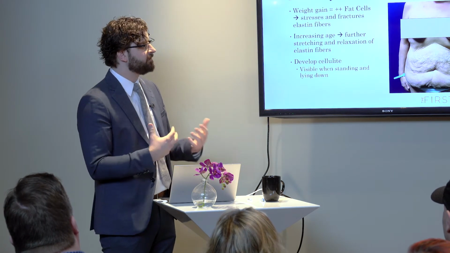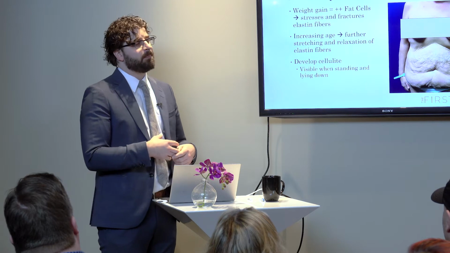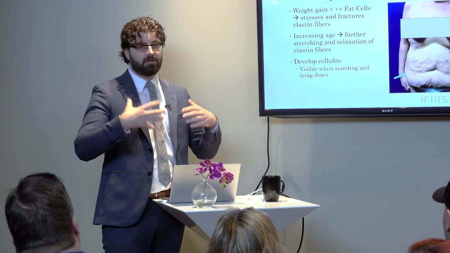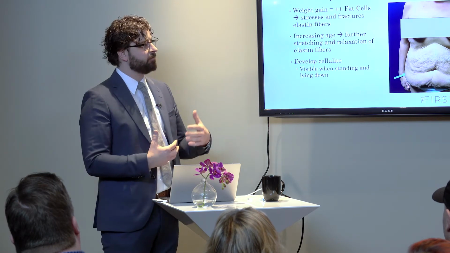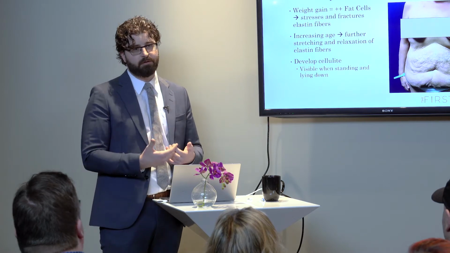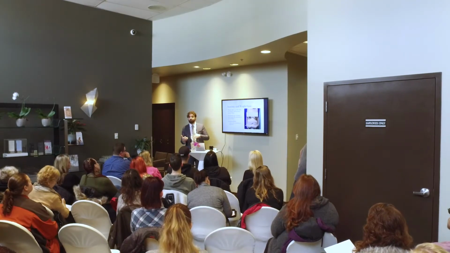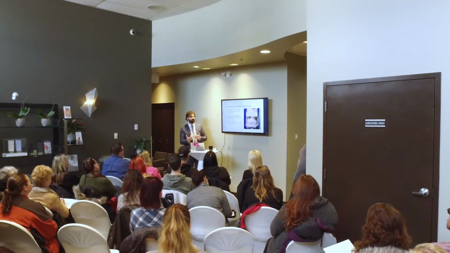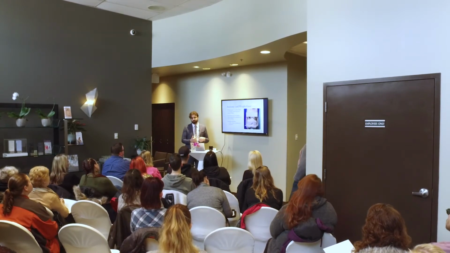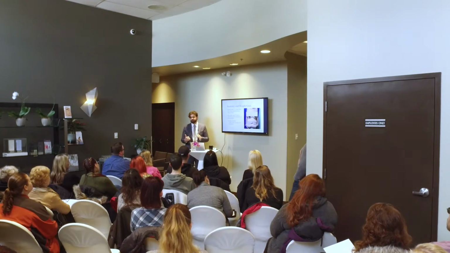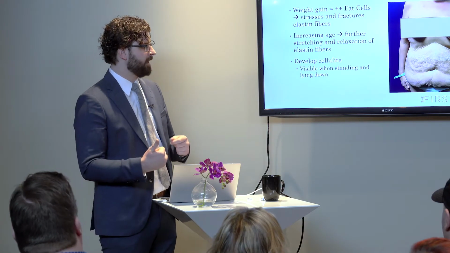The problem we see with that is as we gain more weight, the elastin or those fibers become under more stress and they tend to fracture. But as we also get older, our likelihood of repairing that injury goes down. So it's more of a, once you've lost it, it's really hard to get it back.